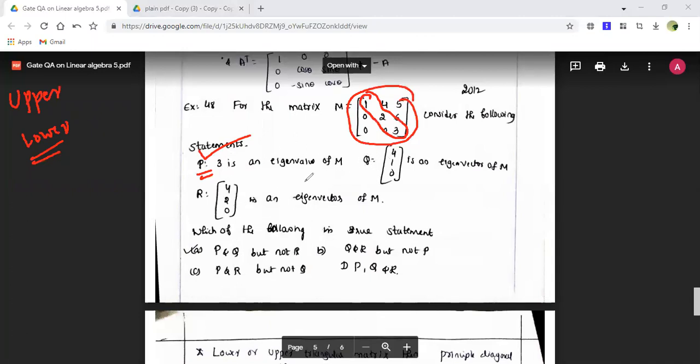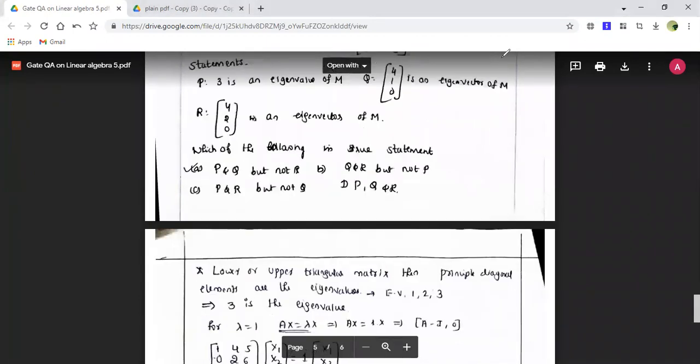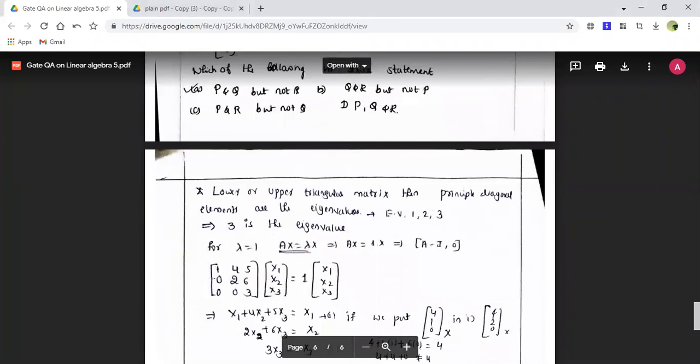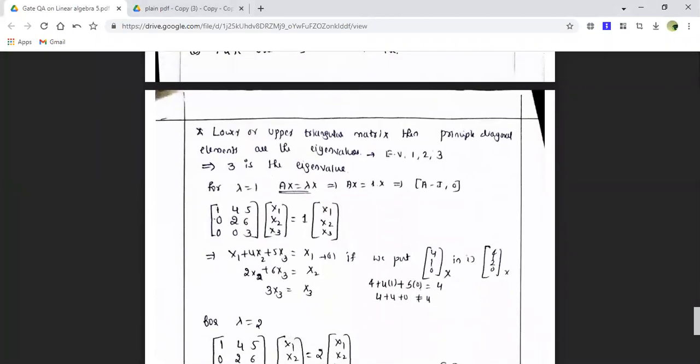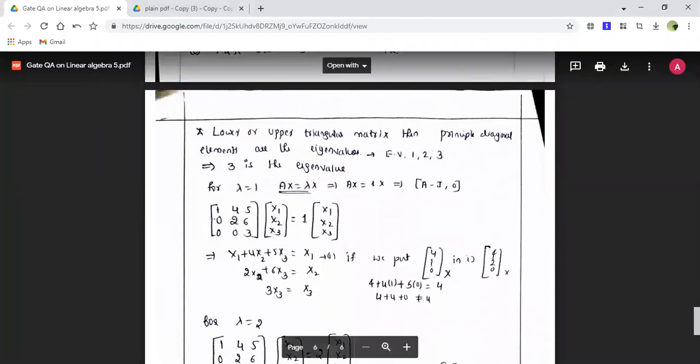In order to find this out, we have to find the eigenvectors so that we can check it. So here, for lambda equal to 1, we check the eigenvector, guys. You know that Ax equals lambda x, and for lambda equal to 1 it becomes Ax equals x.